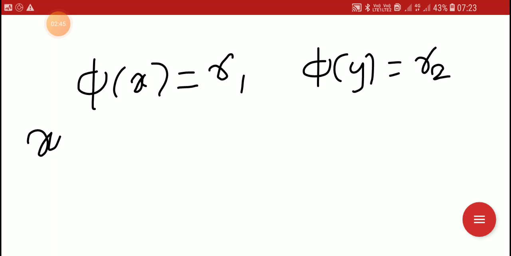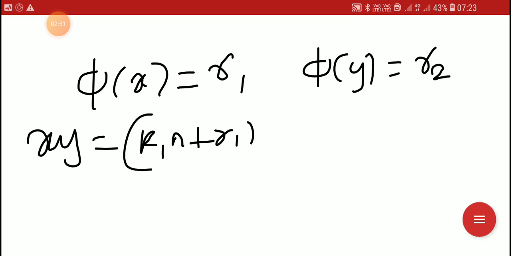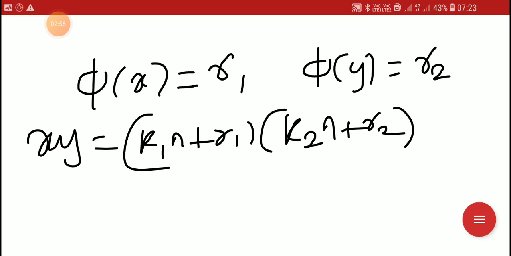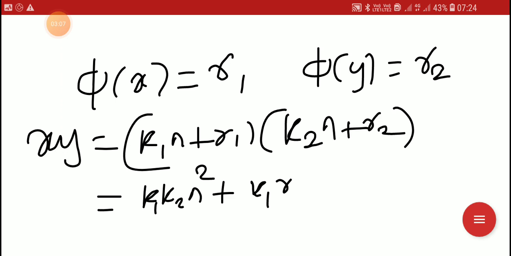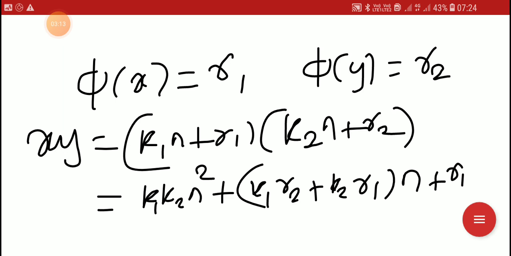Then xy equals (k1 n plus r1) into (k2 n plus r2). After multiplication, we get k1 k2 n square plus (k1 r2 plus k2 r1) into n plus r1 r2.